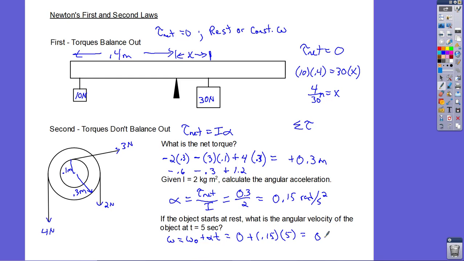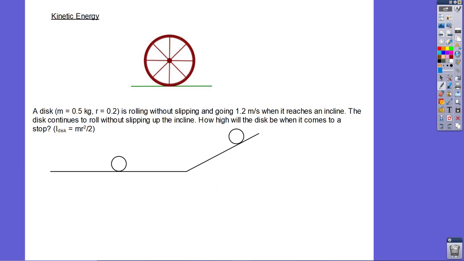So that's 0.75 radians per second. Okay, so those are actually pretty simple problems. Let's see if my page is going to change here yet. It'll do that in a second.